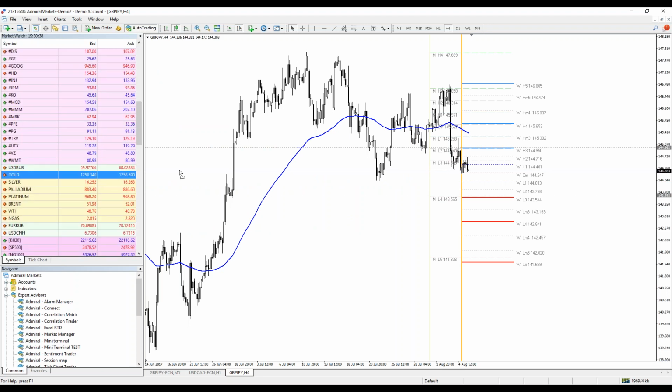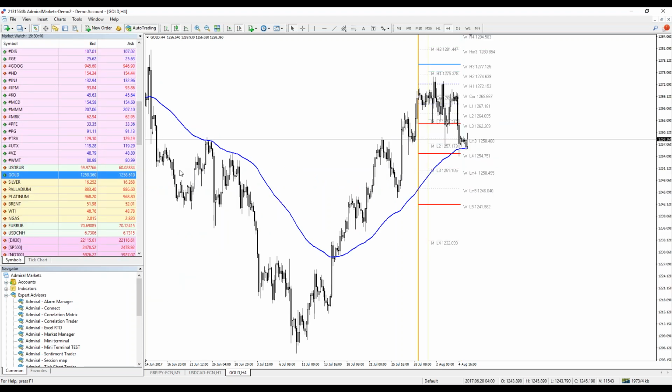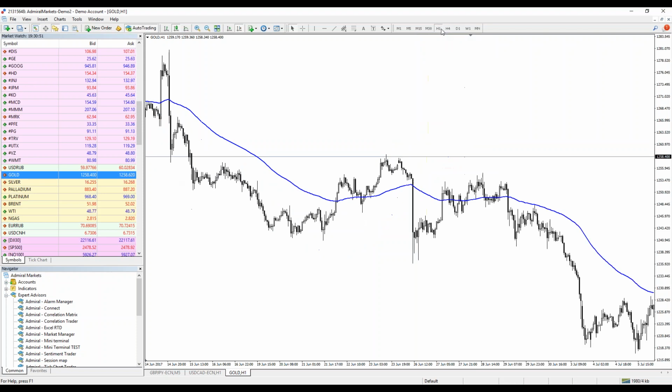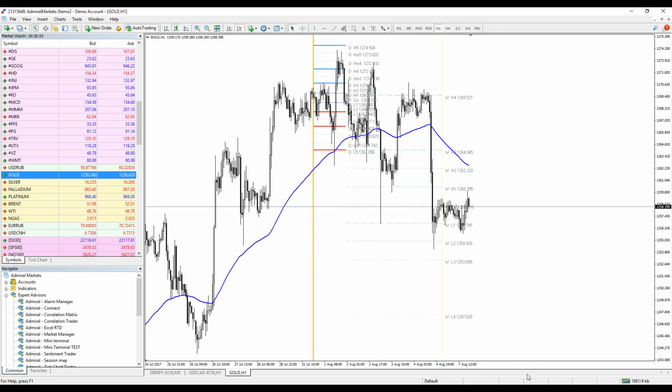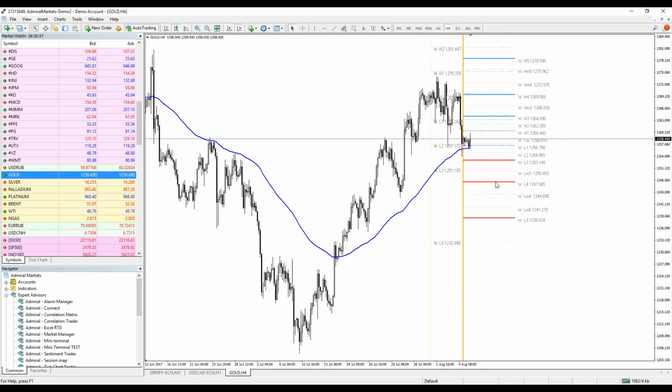Gold, okay. Potential buy setup here. You see gold. The price is at EMA 89.